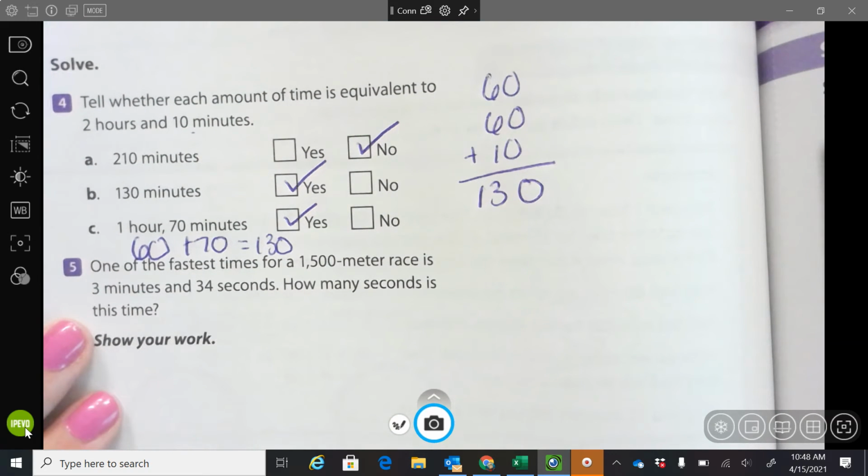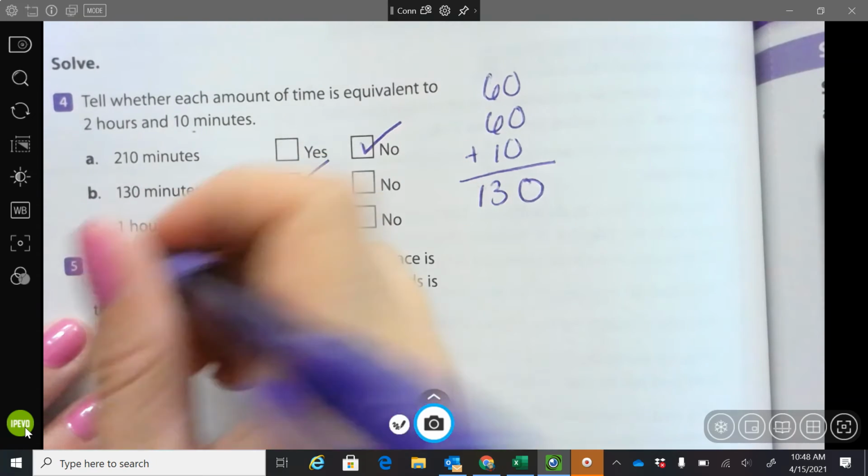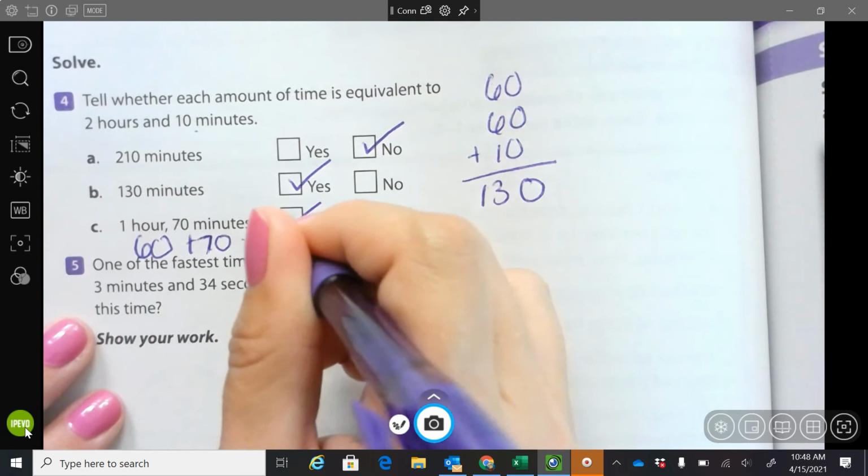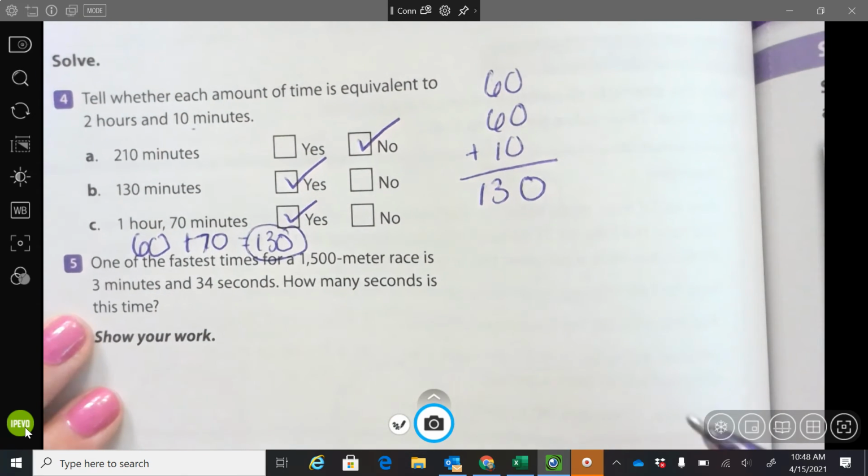You mean 1 hour and 10 minutes? So 60 and 70 gives us 130. You first said 1 hour and 30 minutes. What did I write? I got 60 and 70, and I have 130. I know. Okay.